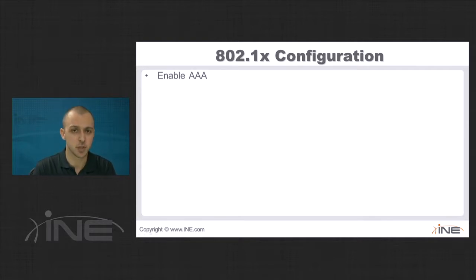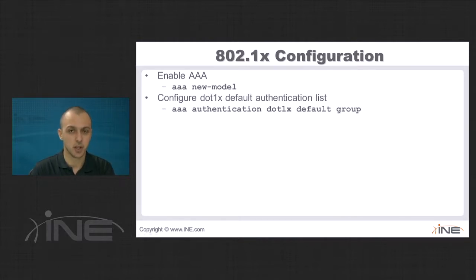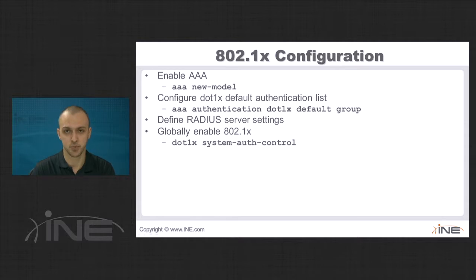From the configuration perspective on the switch side, it's pretty much the same requirements as in the MAB case, which means I need to enable AAA new-model on the switch, so I'm able to do the integration with the RADIUS server, which is going to be ISE in my case. I still need to enable the authentication. The new requirement is that I need to globally enable 802.1x to make 802.1x authentication functional, and that's the global command dot1x system-auth-control.